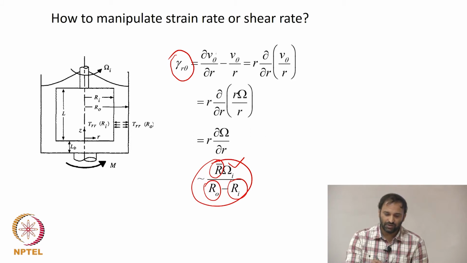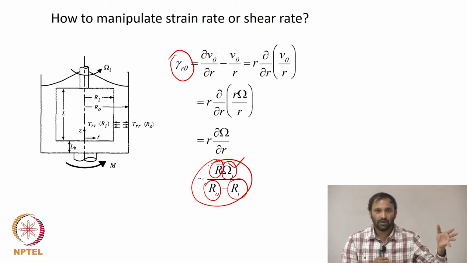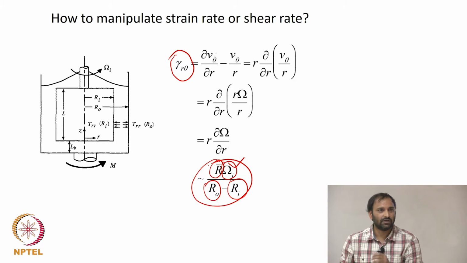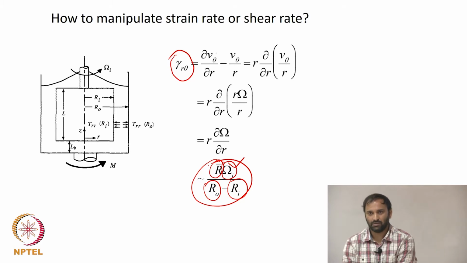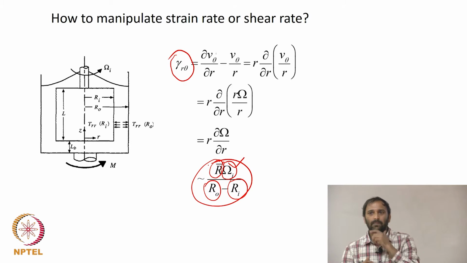I can change the rotation speed, change both the shear stress and the shear rate, and measure viscosity at every value of shear rate and shear stress. I will get information about how the viscosity changes as a function of shear rate or shear stress. That's what is done in a rheometer. Any questions?